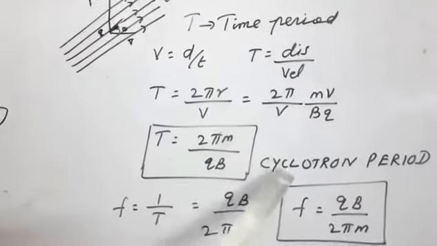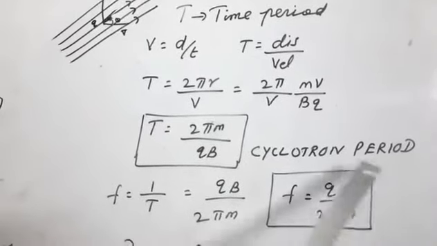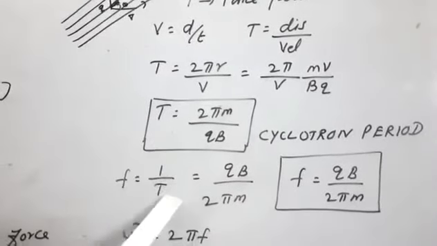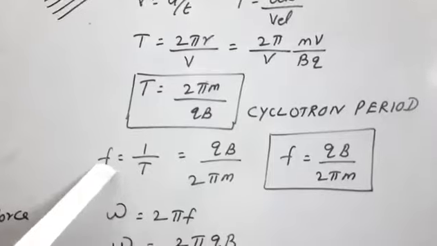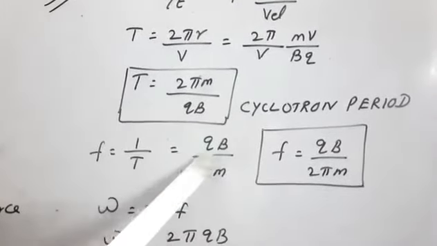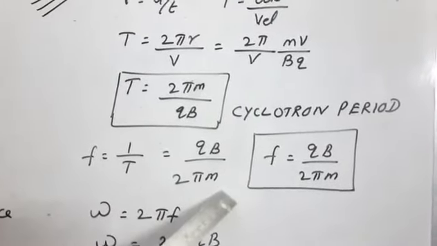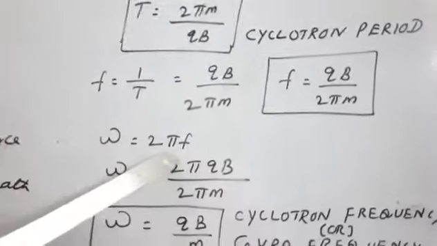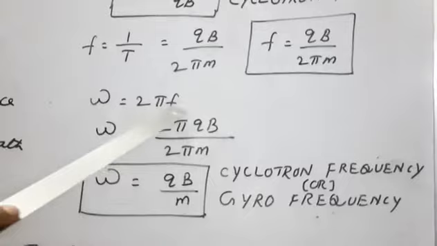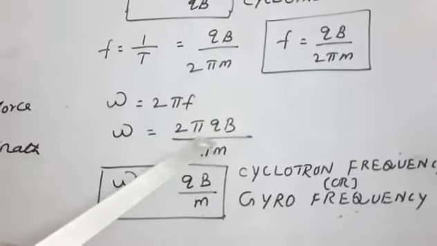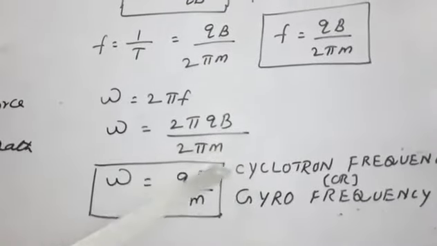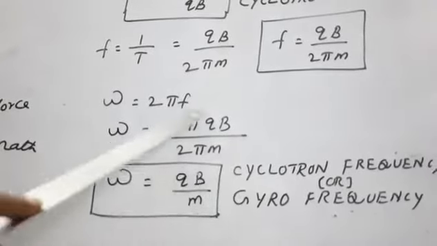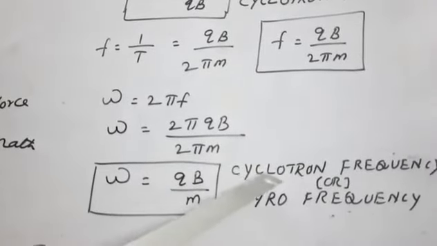This is known as the cyclotron period, and the reciprocal of the time period is frequency. Therefore, f equals 1 by t equals qb by 2 pi m. In terms of angular velocity omega, which equals 2 pi f, it equals q by m into b. This is known as the cyclotron frequency or gyro frequency.